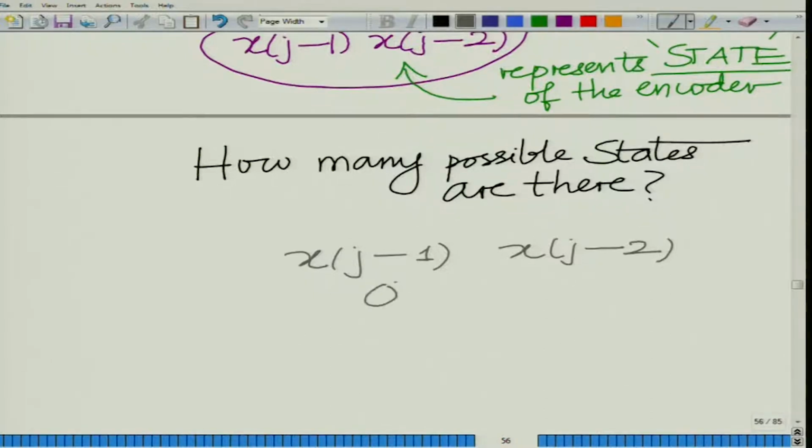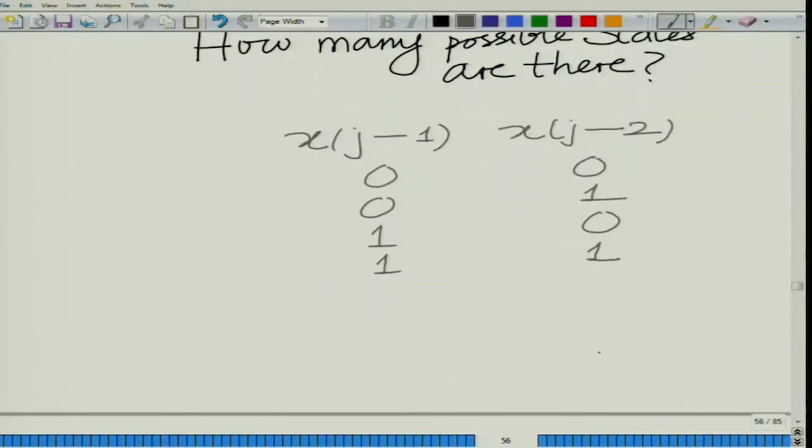So xj minus 1 can be 0, xj minus 2 can be 0, or xj minus 1 is 0, xj minus 2 is 1, or xj minus 1 is 1, xj minus 2 is 0, or finally both are 1. This is a simple application of the principle of total number of possibilities, because each can be chosen in 2 ways. The total number of possibilities is 2 to the power of 2, that is equal to 4.